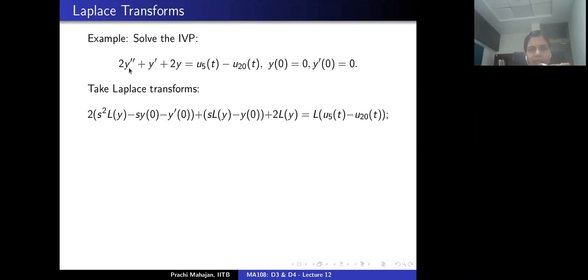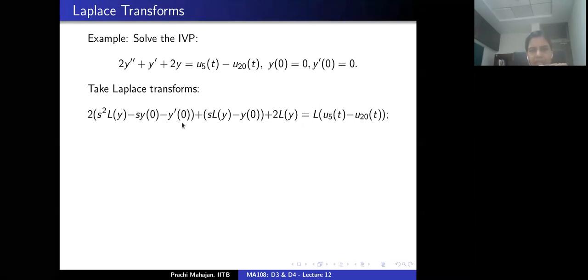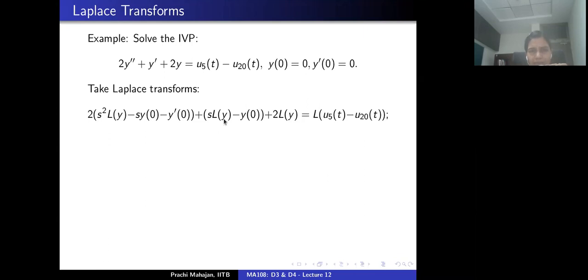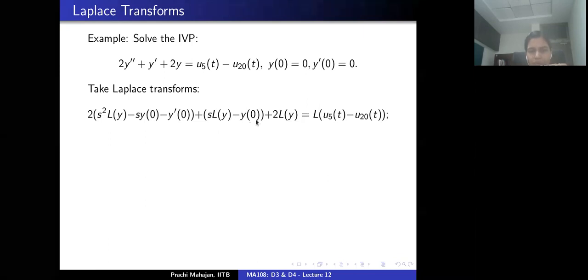I will have 2 times the Laplace transform of d squared y by dt squared. Since I have a second derivative here, I will have s squared times the Laplace transform of y minus s y evaluated at 0 minus the derivative of y evaluated at 0, plus the Laplace transform of y prime, which is s times the Laplace transform of y minus y evaluated at 0, plus 2 times the Laplace transform of y, equals the Laplace transform of the right hand side. Correct? I hope everybody is with me up till this point.